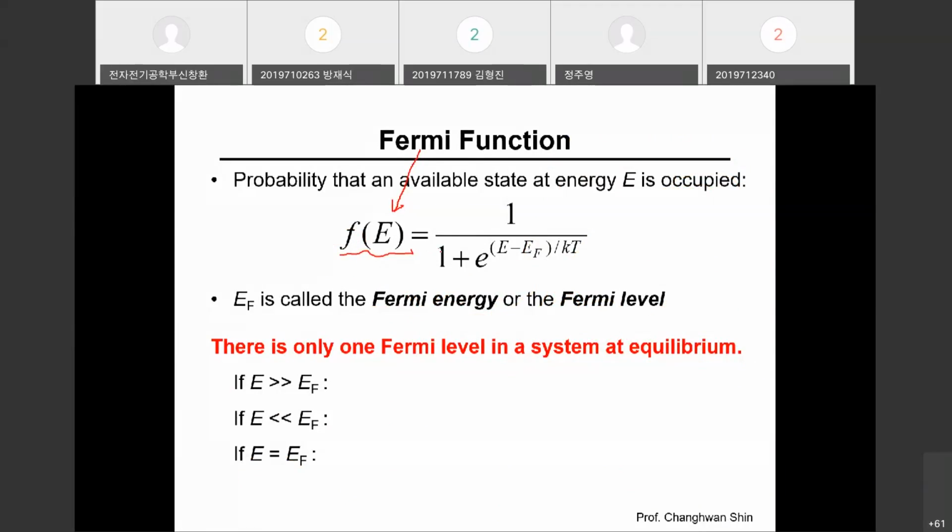It is described as 1 over 1 plus exponential of (E minus E_F) over kT. K, we have learned, is the Boltzmann constant, and T is temperature. A new symbol is E sub F, called the Fermi energy or Fermi level. This value indicates the probability that an available state at energy E is occupied by an electron.